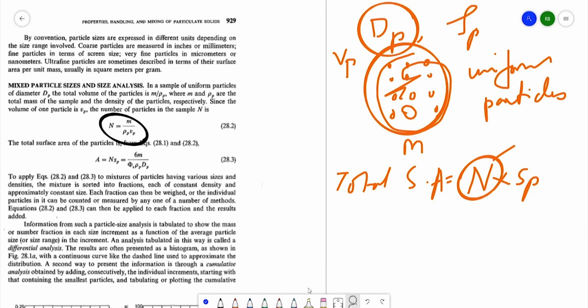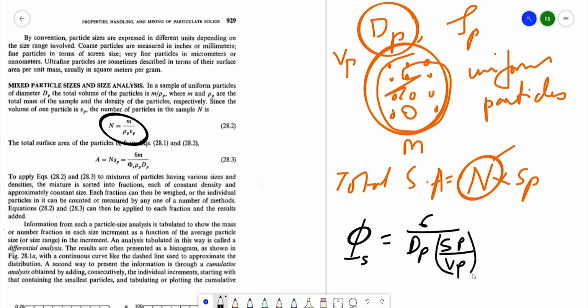So how to calculate Sp? We can calculate Sp from the definition of sphericity. What is the sphericity definition? We have 6 by dp into Sp by Vp of that particle. Since this is a uniform particle, this sphericity will be the same for each and every particle, so we don't have to worry about that. So you need Sp.